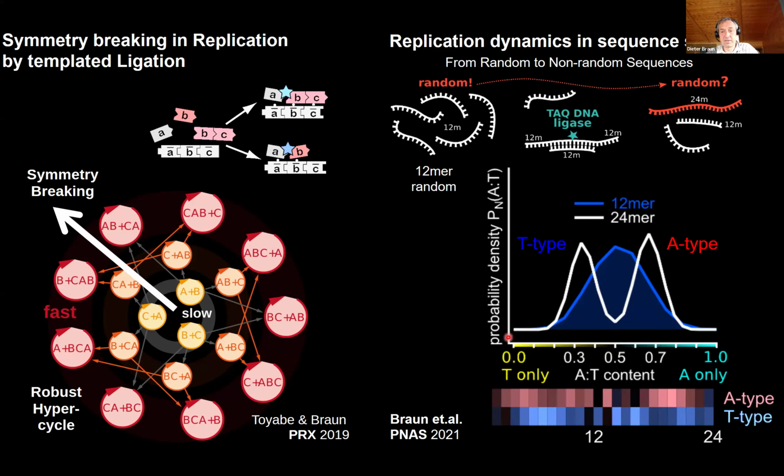If we look at the first thing to get the 24-mer, we actually find a distribution which is double peaked. So what it means is we rather have a lot of T bases on the molecule, or a lot of A bases on the molecule, but not so much the mixture in between, where you have an A end and a T end.